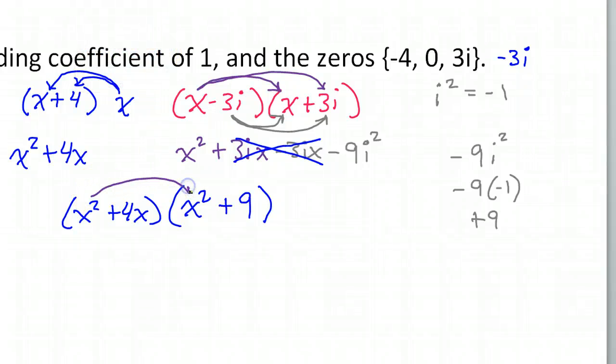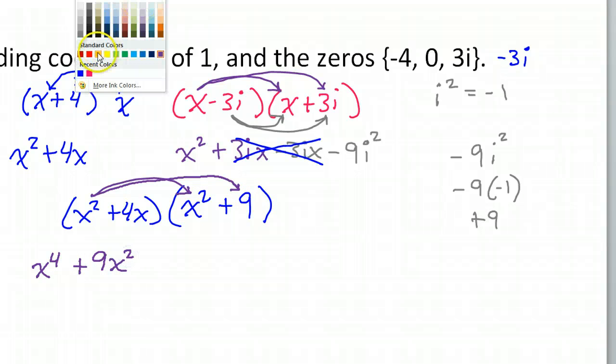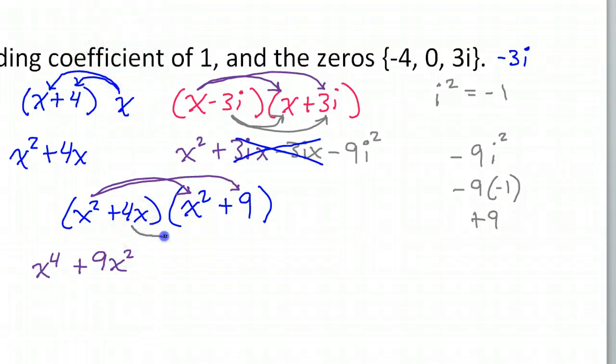If I distribute the x squared, x squared times x squared is going to give me x to the 4th power. x squared times 9 is going to give me 9x squared. Now if I distribute the 4x, that's going to give me 4x to the 3rd power. And then if I do 4x times 9, that is going to make 36x.